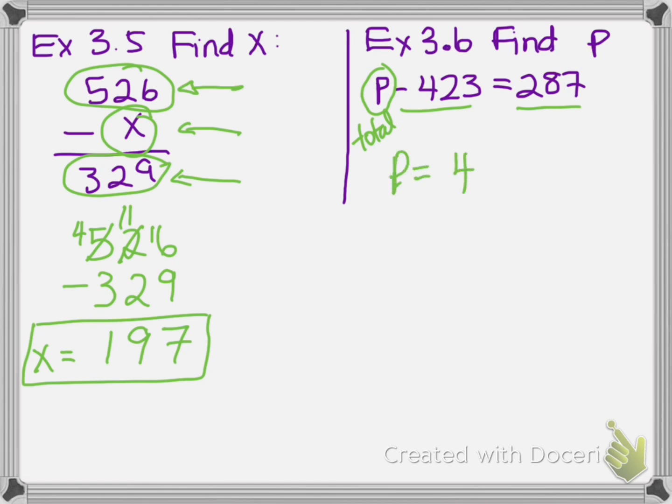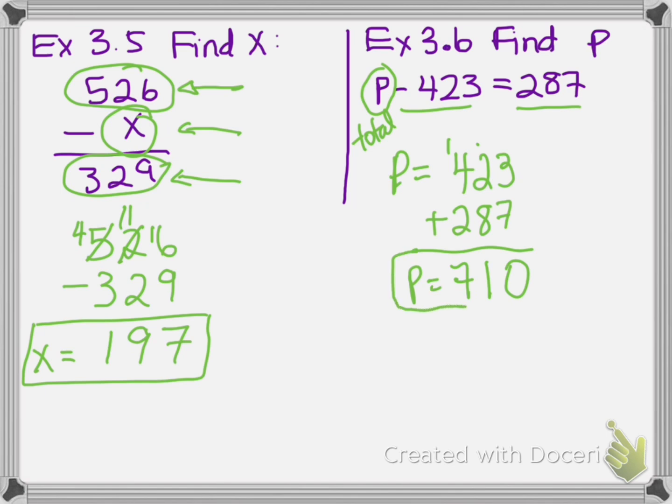So 423 plus 287. In this case, when I add, it's 10 plus 1, and then 11, and then 7. So P equals 710.